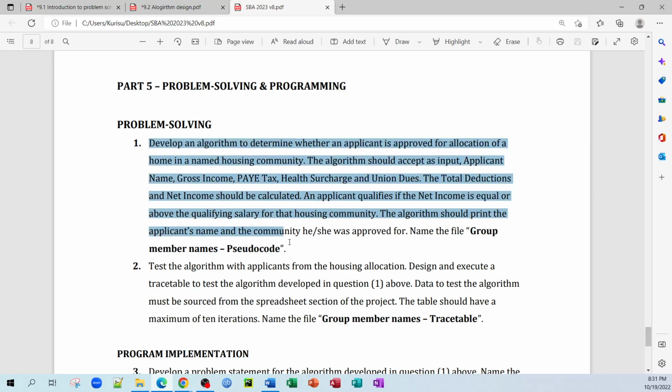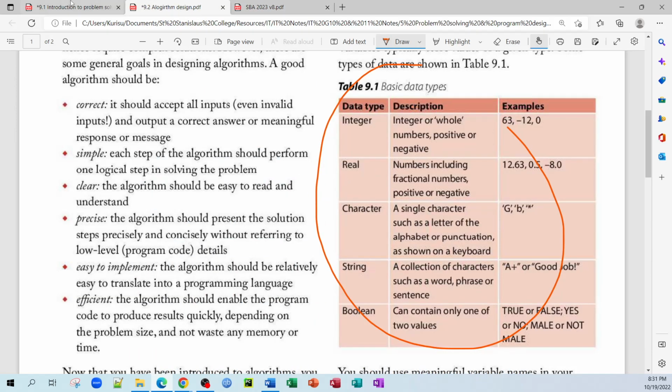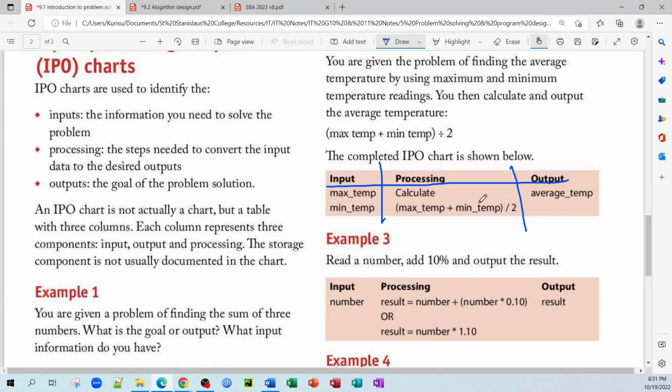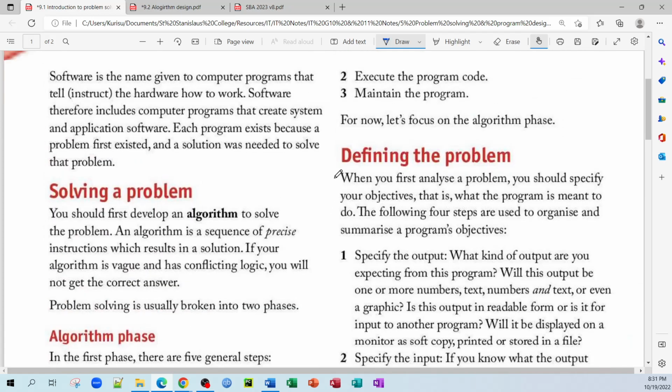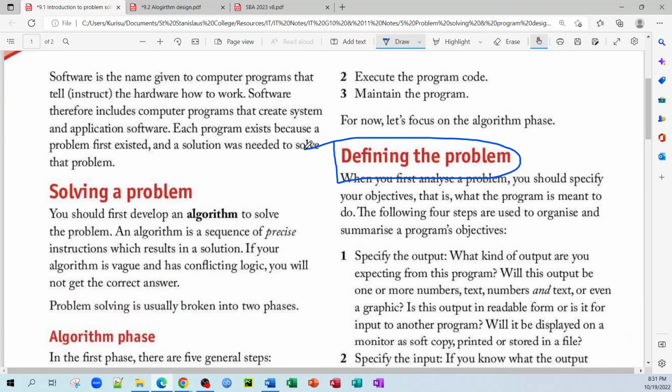You got to read this paragraph here, and you're going to start creating your IPO charts. So please ensure you start that also. Basically, we're doing the programming SBA in steps, small pieces at a time. So start your IPO chart, and you're supposed to actually also start your problem definition for your SBA.